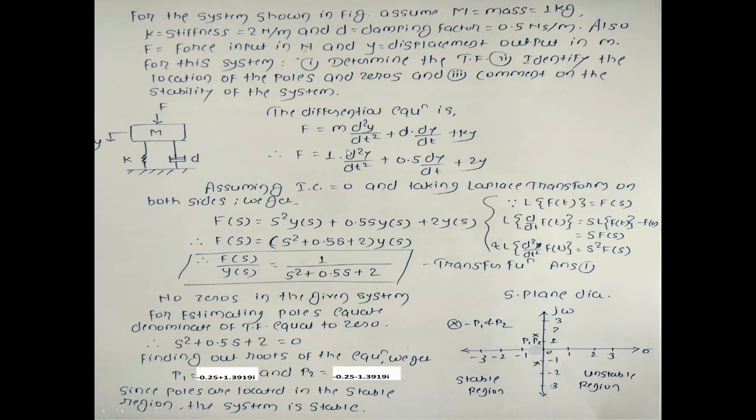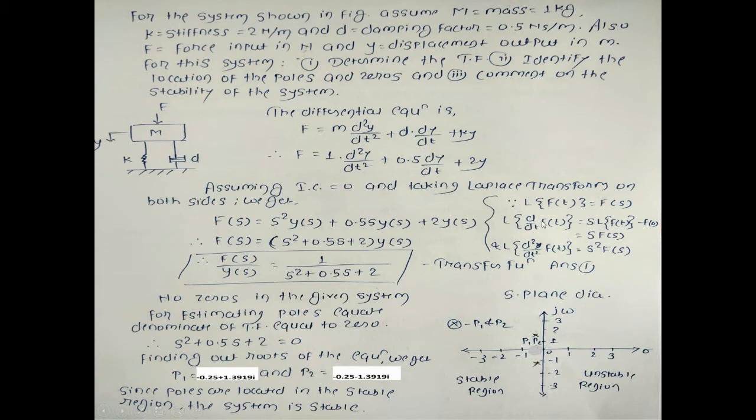So here, instead of d2y by dt square, if we take the Laplace transform, it comes out to be s square into Y of s. Then 0.5 dy by dt.